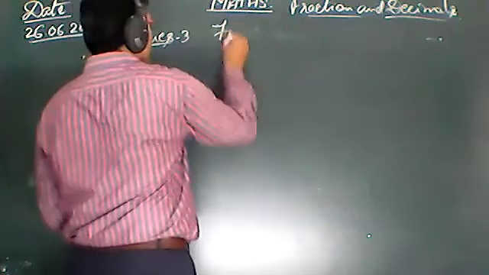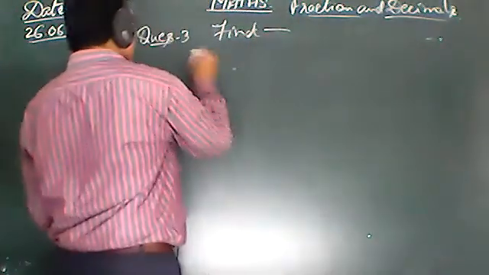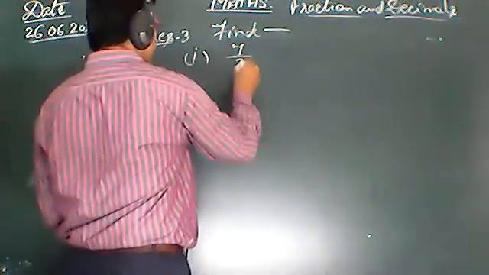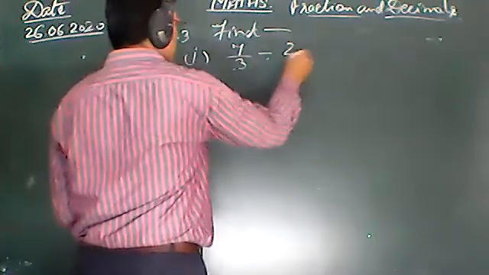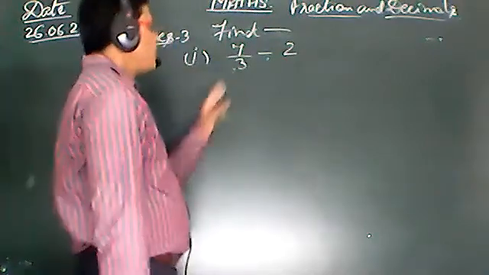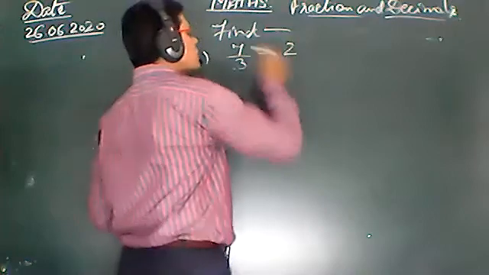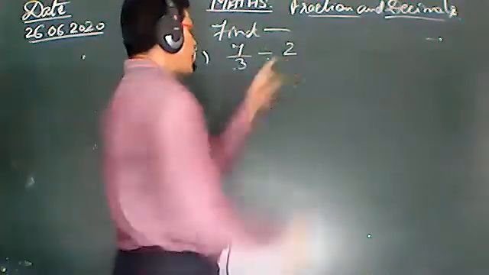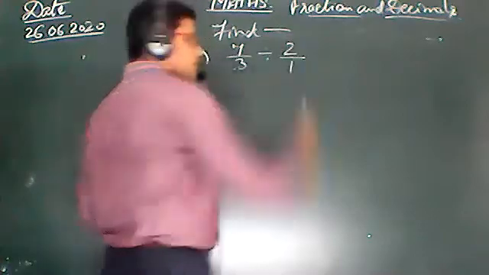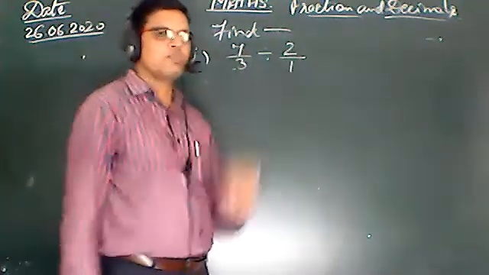Find. The first part of this question is 7 by 3 divided by 2. Our solution is, first, we convert division into the multiple form. The denominator of this number is 1, because each and every number is divisible by 1.